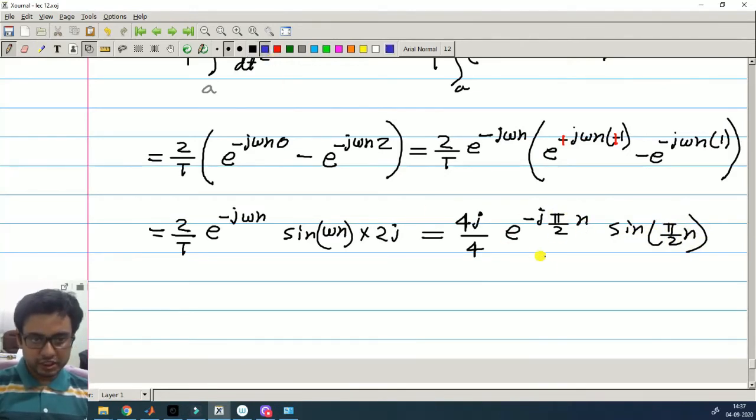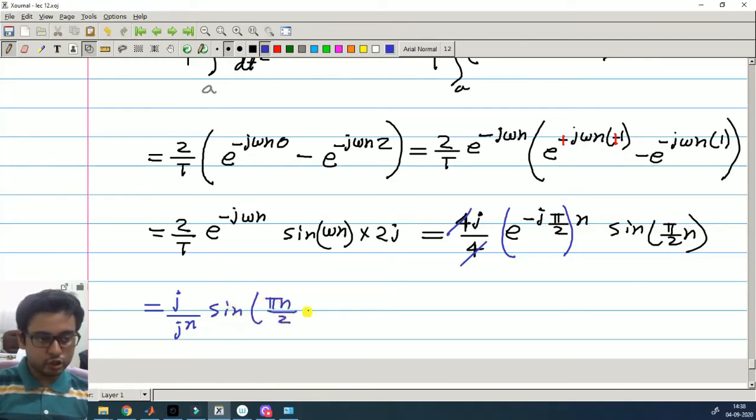Now this part you can write as e to the power minus j pi by 2 whole to the power n. So this is becoming 1 over j, e to the power minus j pi by 2 is same as 1 over j to the power n, sine pi n by 2.